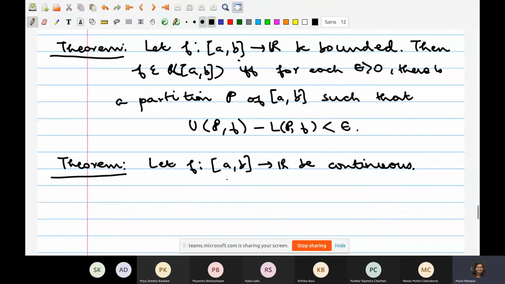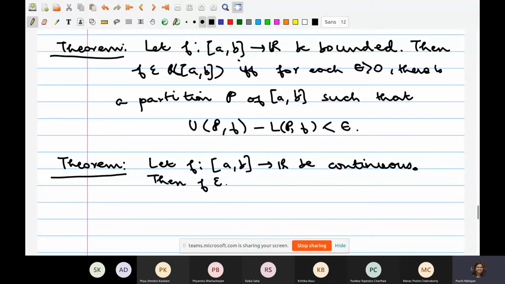In particular, the image of the interval AB under f would be a compact set, and in particular it will be bounded. So we don't have to assume f to be bounded here separately. It follows as a consequence, because I insisted that as far as integrability is concerned, we will always be concerned with only bounded functions.